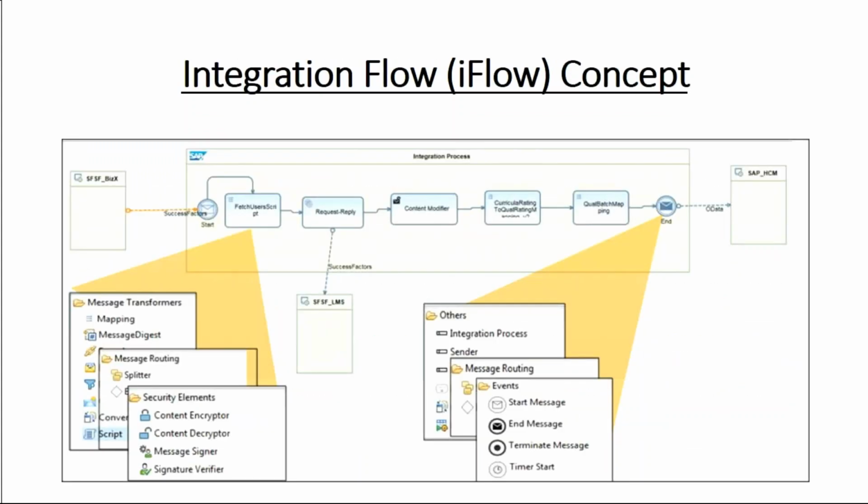Now there is something called the iFlow concept in your HCI. iFlows are just standard integration content from SCI. Each flow contains logical and technical routing, which means you can create some business rules with the help of already existing events and options.